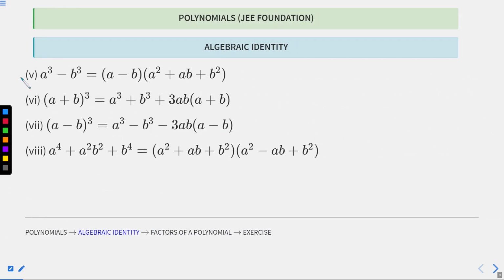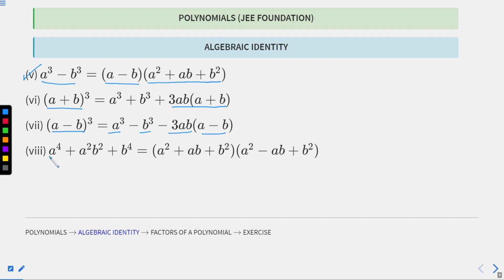The fifth identity is a cube minus b cube equals (a minus b)(a square plus ab plus b square). The sixth one is (a plus b) whole cube equals a cube plus b cube plus 3ab times (a plus b). And the seventh is (a minus b) whole cube equals a cube minus b cube minus 3ab(a minus b).